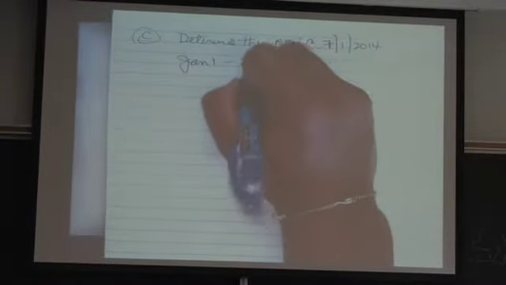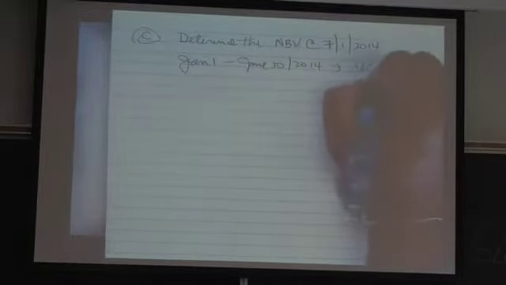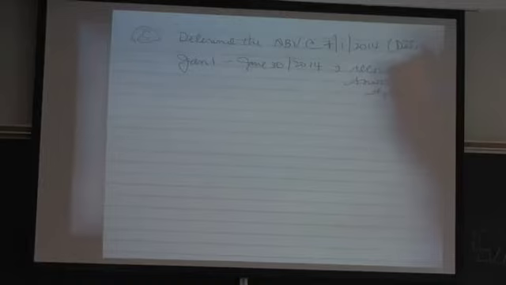So we know that from January 1st to June 30th, 2014, we need to record the amortization expense. Okay, because first, before the date of disposal, we have to update the net book value. So we have to amortize the asset.